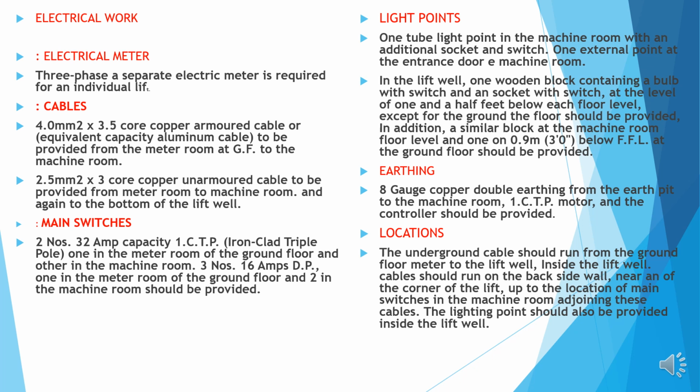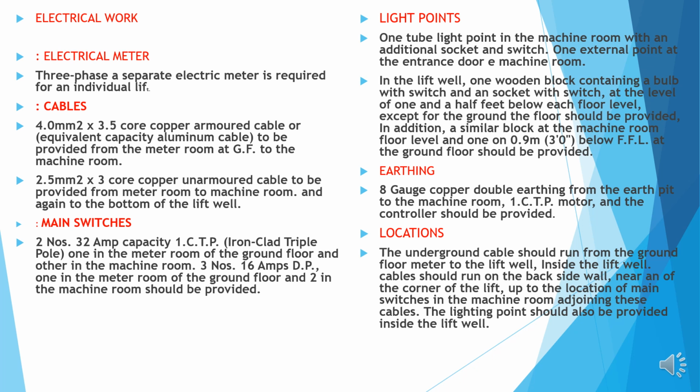Locations. The underground cable should run from the ground floor meter room to the lift well. Inside the lift well, the cable should run on the backside wall near the corner of the lift up to the location of the main switches in the machine room.